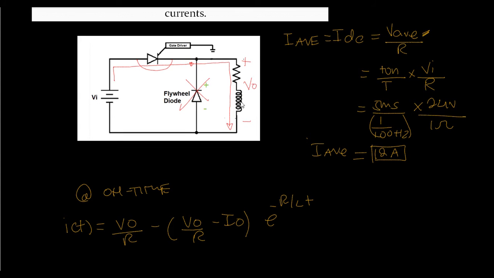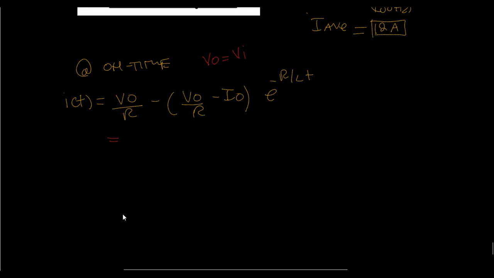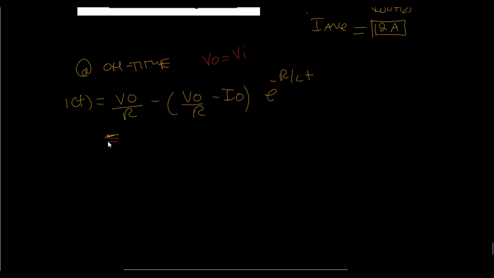The output voltage, if you notice, is parallel to our source input. So, our output is our input. So, V out equals the input voltage source. Okay? So, we put the value 24 volt here. I hope you got that part.